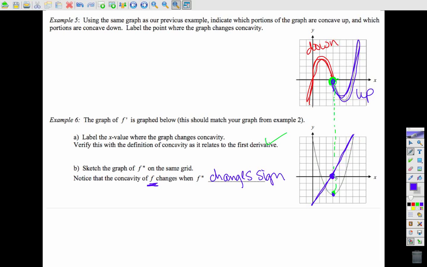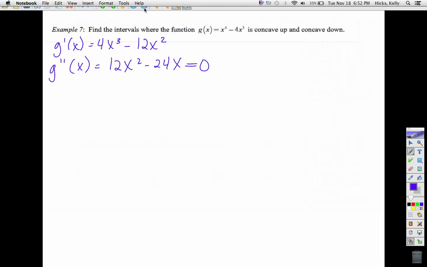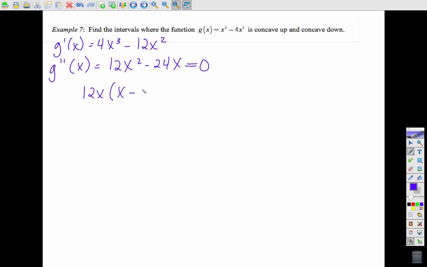The second derivative, the blue line, is equal to 0 at that point, and that is where concavity changed, right? Okay, so come back here. What can I factor out? I can factor out a 12x, and I get x minus 2, and so then I have x equals 0 and x equals 2.